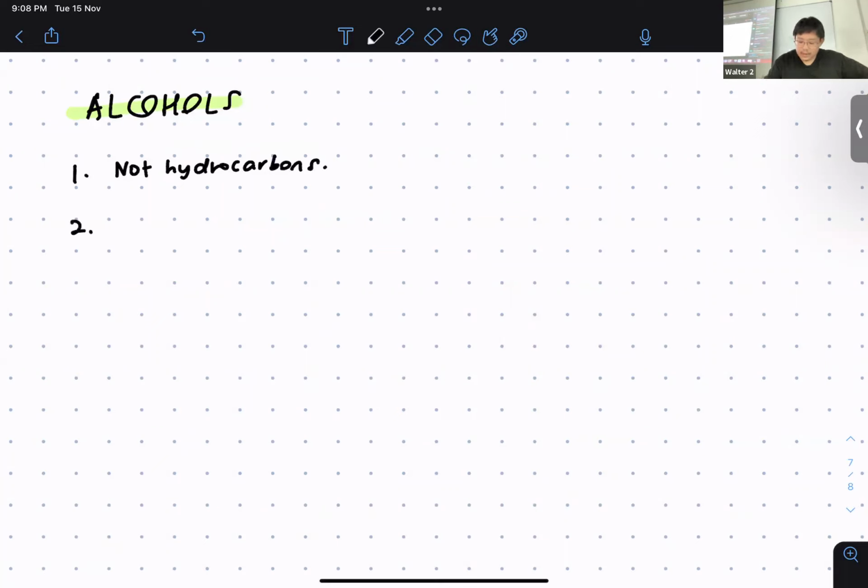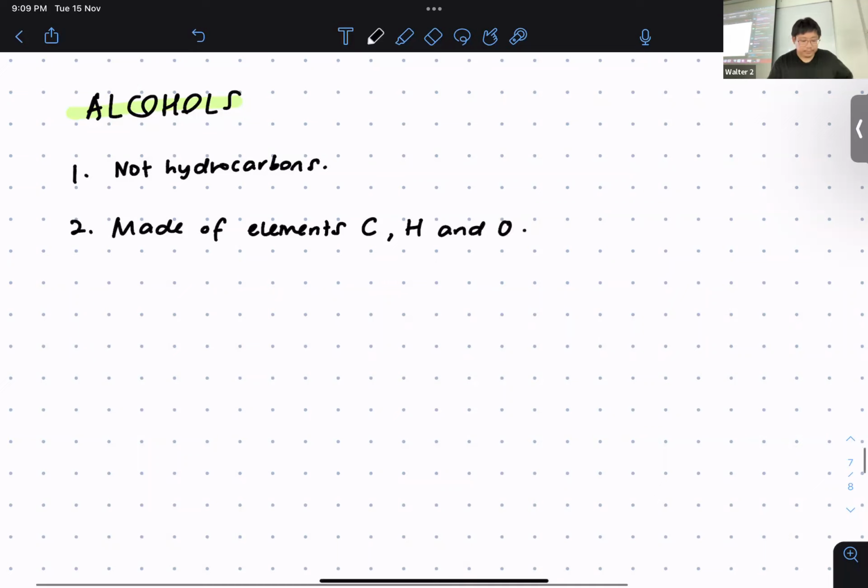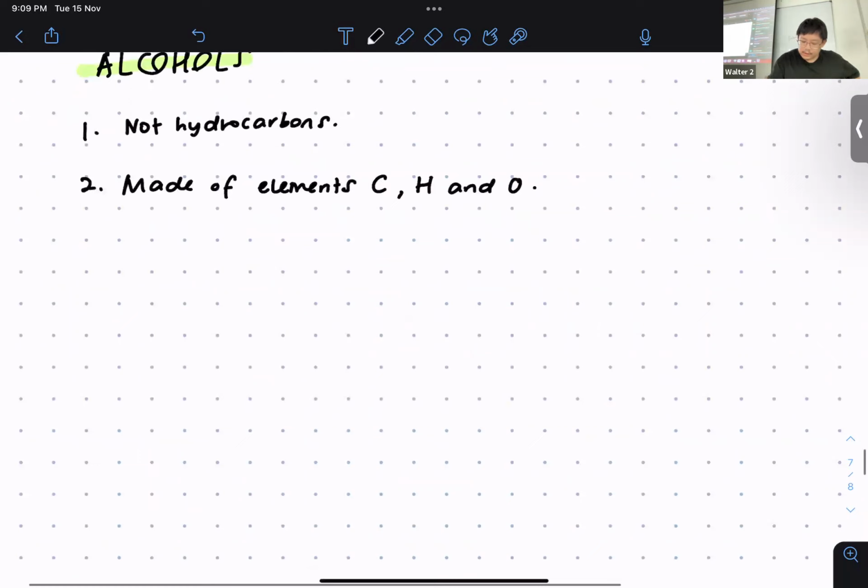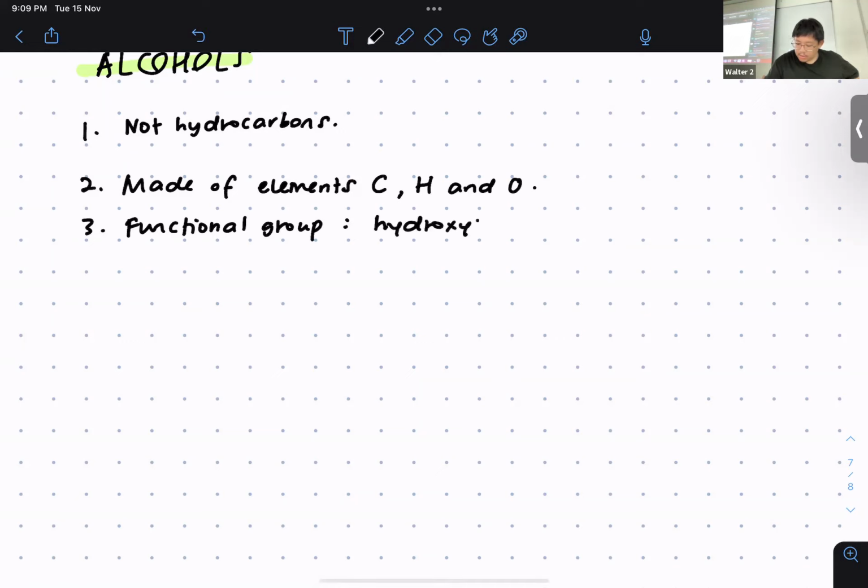The elements that make up alcohols are C, H, and O. The alcohols have a functional group, which we call hydroxyl.